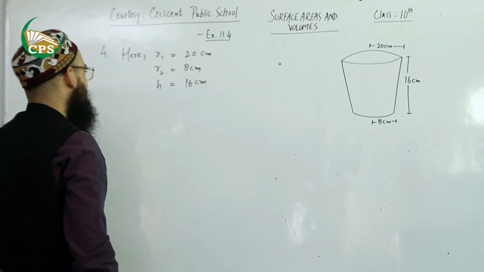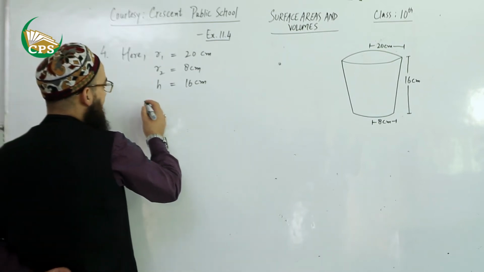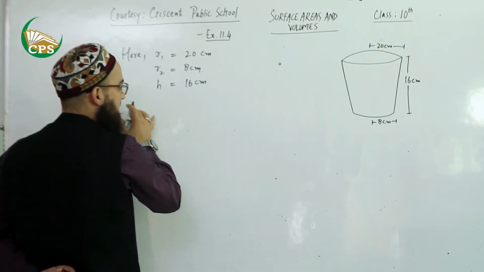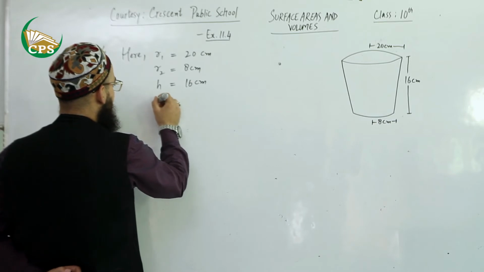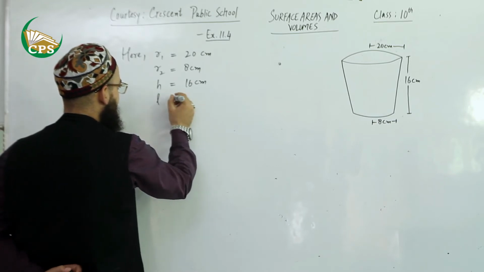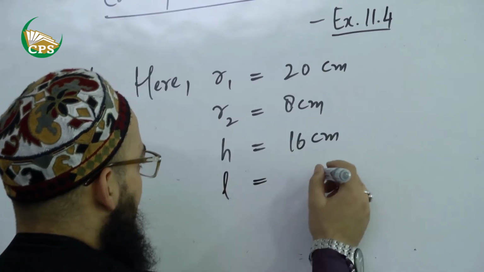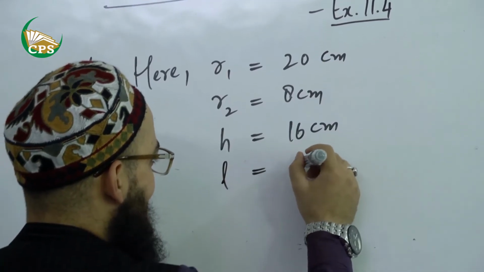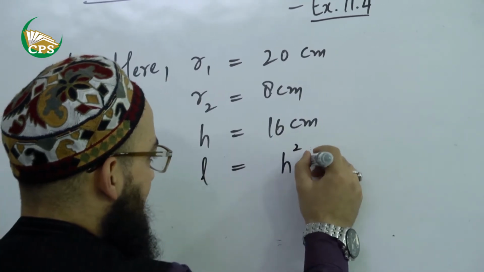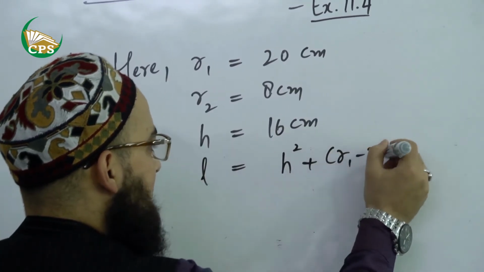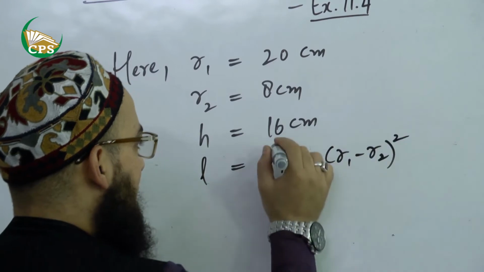Then we can find L. For L you have the square root of h square plus r1 minus r2 whole square.